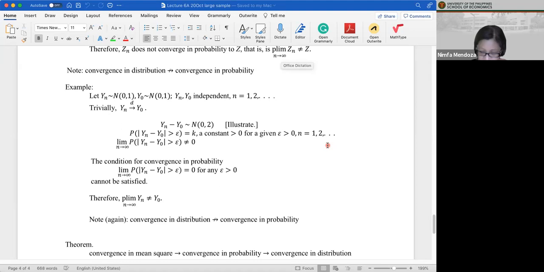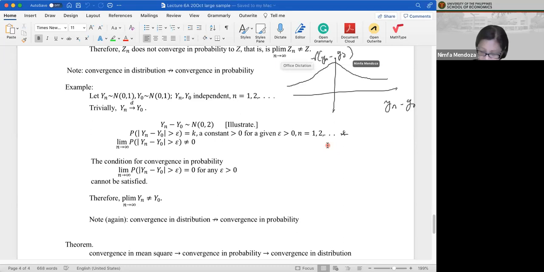So let us look at this. This is y sub n minus y sub 0, and we know that this would be normally distributed. So this is the density function, normal with mean 0 and variance 2.